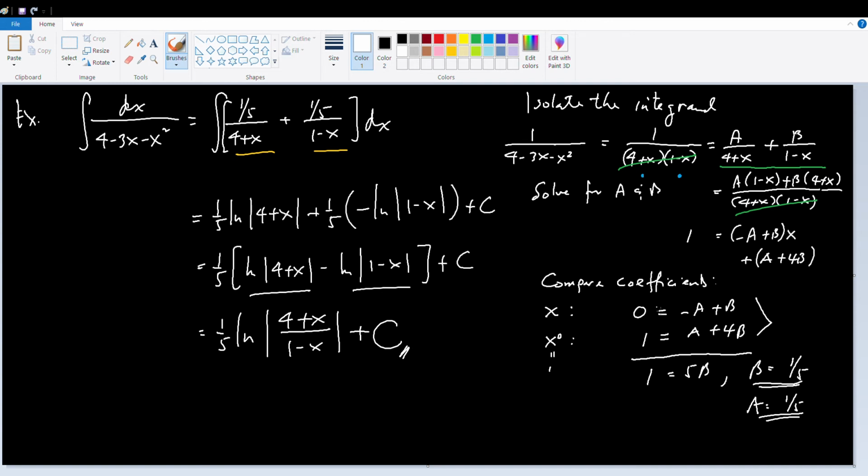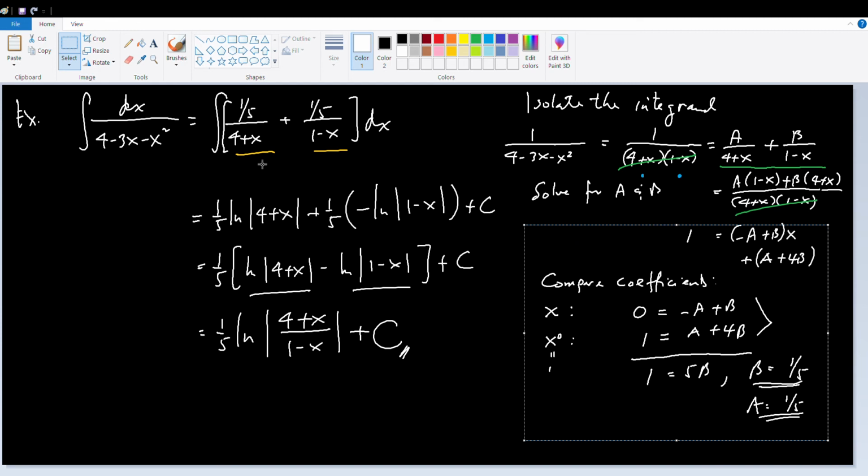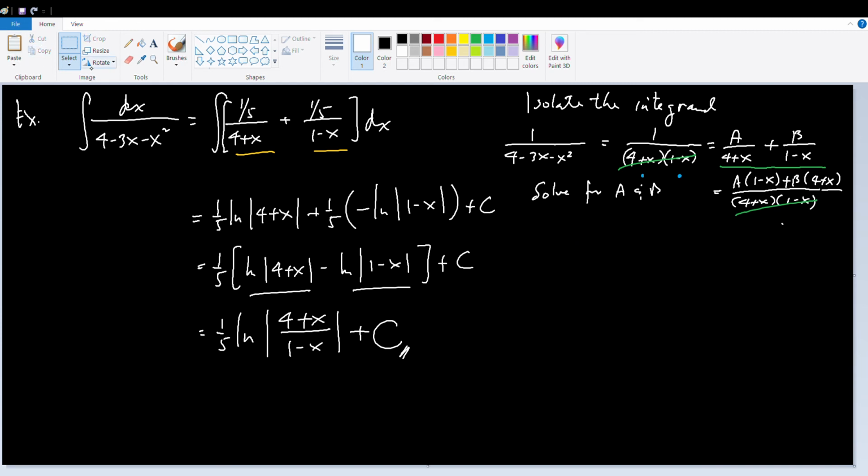Now, there's another way. There's an alternate solution for the values of a and b. So instead of comparing coefficients, we can substitute values to x in order to solve for the constants.